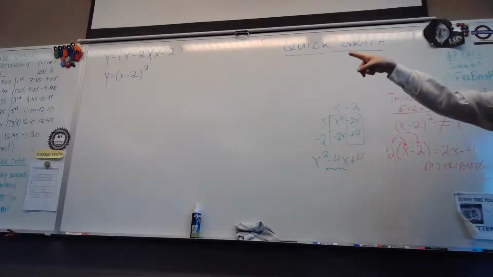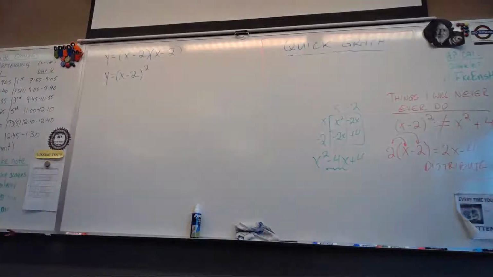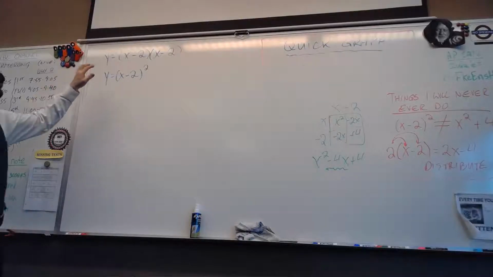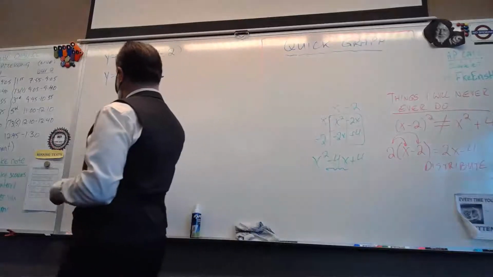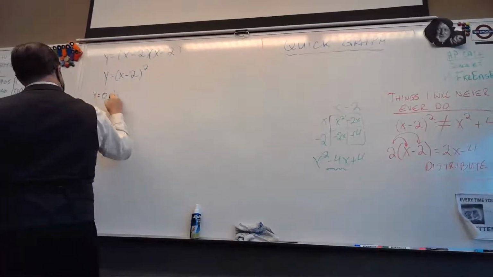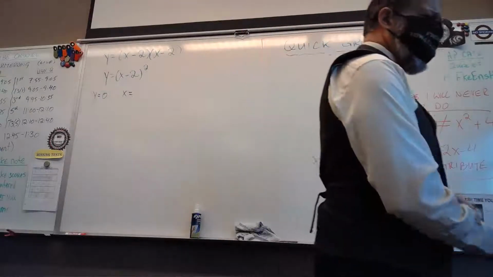All right, so let's go back and let's look at this. What are the x-intercepts of that equation? First thing we remember is that y is equal to 0, which means that x must be equal to, guys, I want you to take about 30 seconds and think about that.